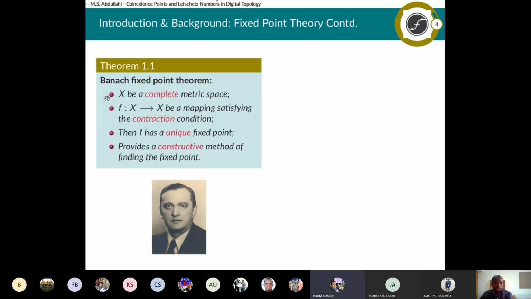The conditions for the existence of such a point are that the space has to be a complete metric space and the function has to be a contraction. If these two conditions are satisfied, the function will always have a unique fixed point. He also provides a constructive method for how we can achieve the point.